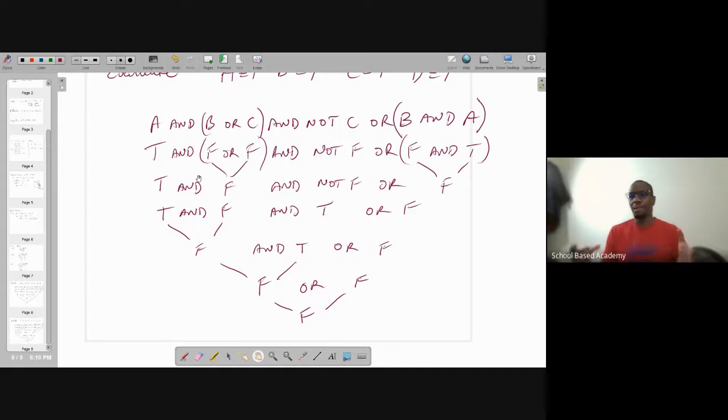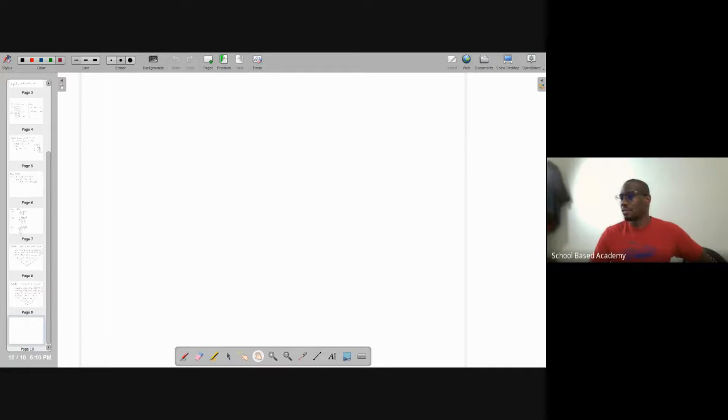Because when we have to put expressions inside of if statements and inside of while loops, etc., we have to be able, as the programmer, to evaluate these expressions depending on what they resolve to be. All right. And the last thing that I want to talk about is truth tables.